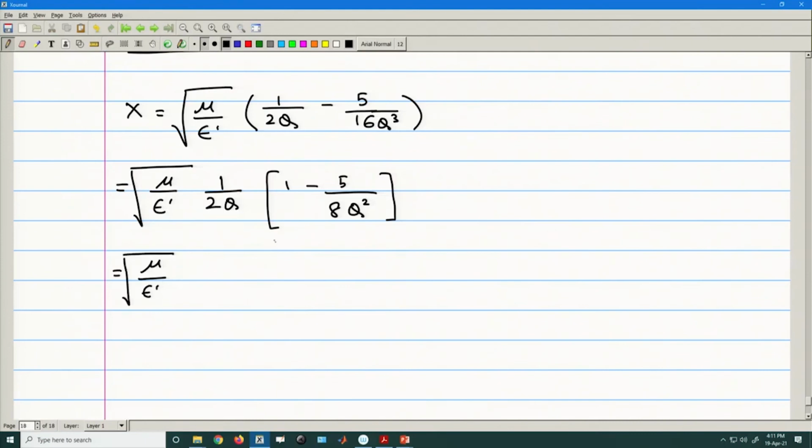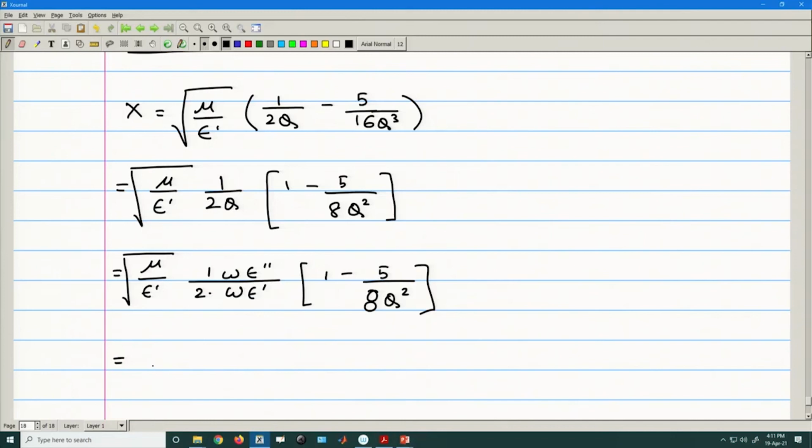So again we will substitute the value for q over here, so we will get 1 upon 2 multiplied by omega epsilon prime upon omega epsilon double prime 1 minus 5 upon 8 q square.